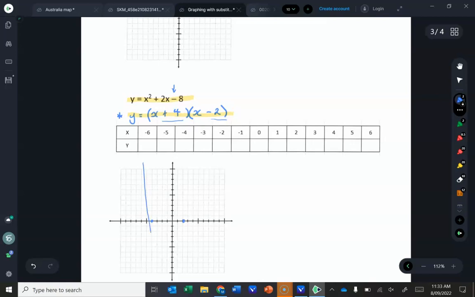But the problem with this one is that I can't see the turning point and I can't see the y-intercept. But if I was presented it in this format, I can see where it crosses the y-axis, which is actually scarily close. I got quite good there, at -8. But I can't see the x-intercept.